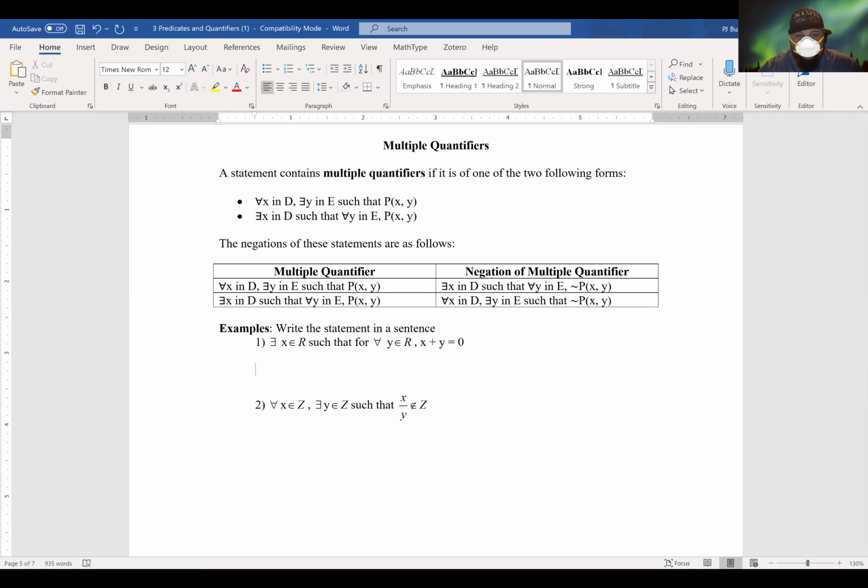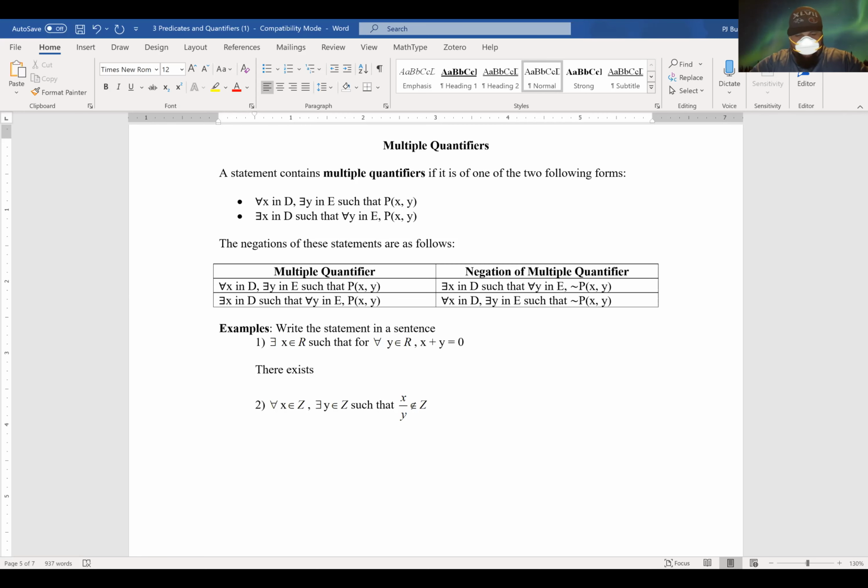So it says write the statement in a sentence first. So we're given there exists x, and it's an element of real numbers.